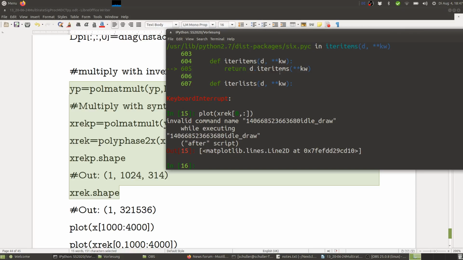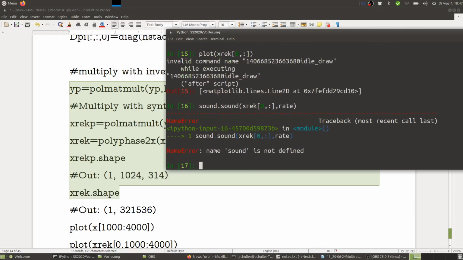Now we can also use the sound function with the rate: xrec of 0, colon, rate. Oops, import sound.